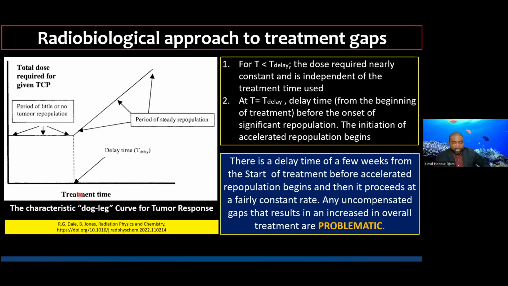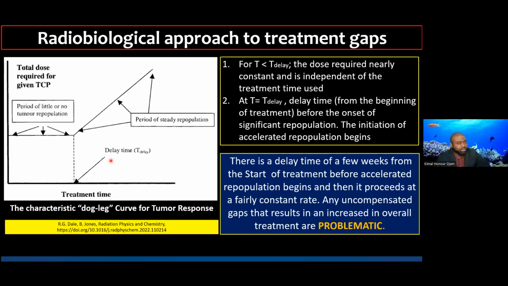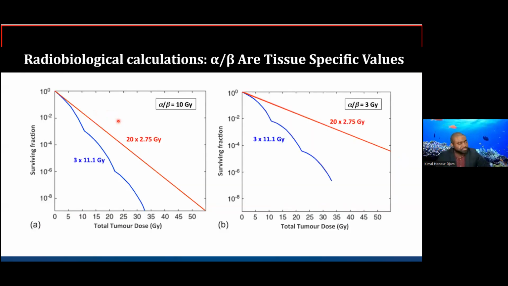What then does this imply? This means that we need to modify, if we go back here, this is our surviving fraction curve, which assumes that everything goes as planned without taking into consideration repopulation because of extended treatment times.